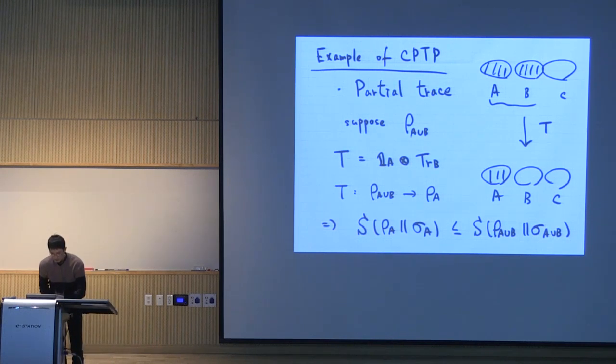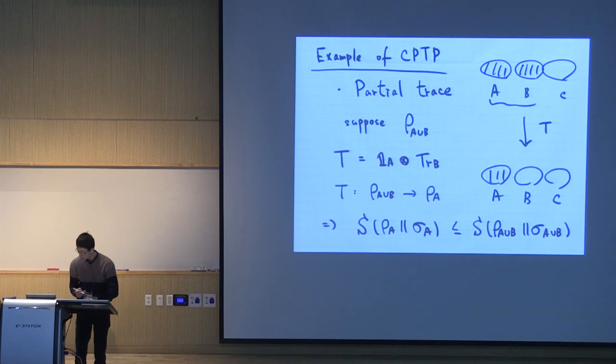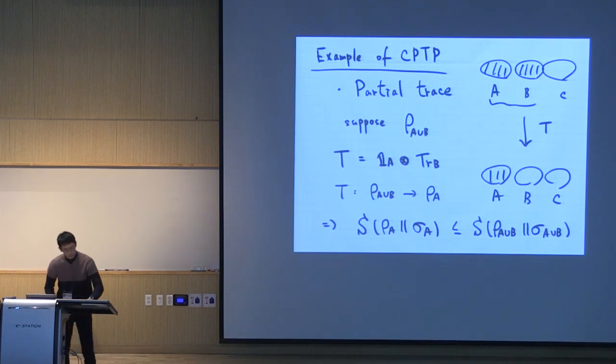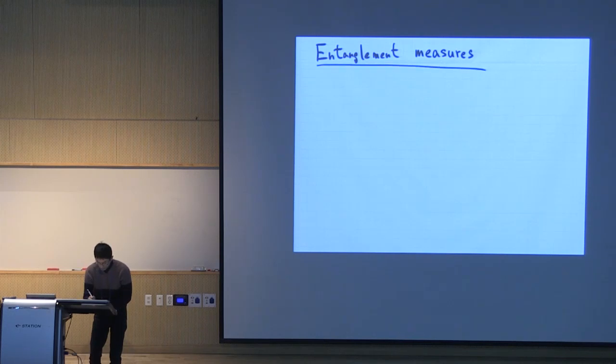Okay, so now it's time to introduce entanglement measures. Of course there are many entanglement measures, but one of the most well-known is the entanglement entropy. Now I'm going to give you several examples. Entanglement entropy is a good measure.